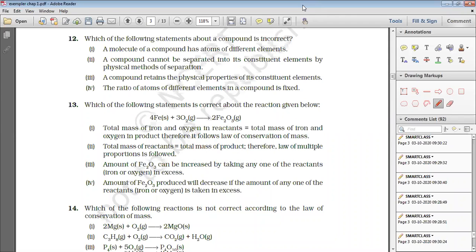A compound cannot be separated into constituent elements by physical methods of separation. A compound retains physical properties of its constituent elements. The ratio of atoms of different elements in a compound is fixed. You need to find out which one of the following statements is incorrect. Come on, tell me. Find out the incorrect statement and inform me, everybody.